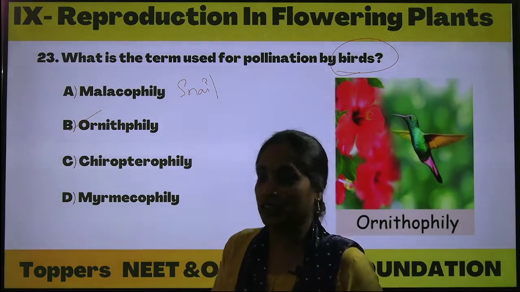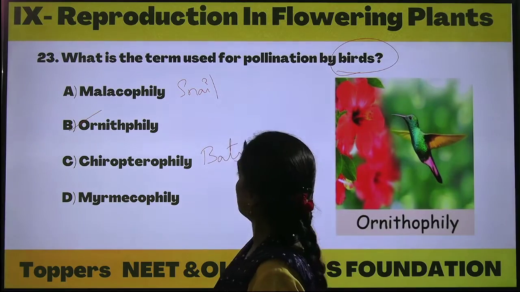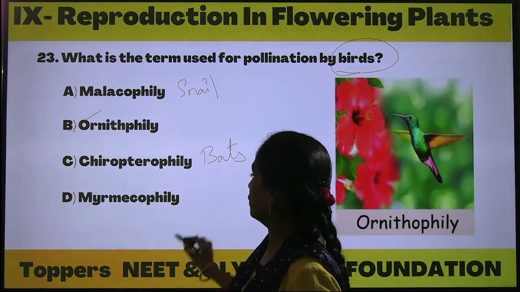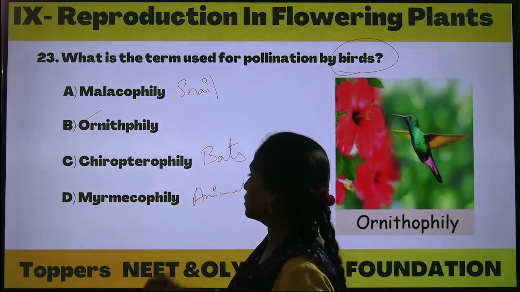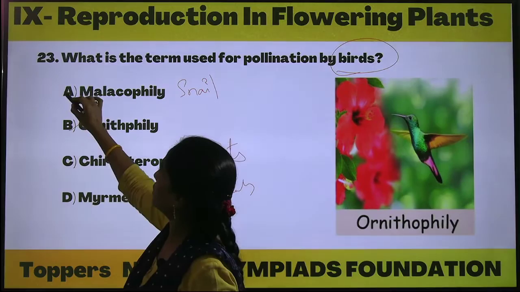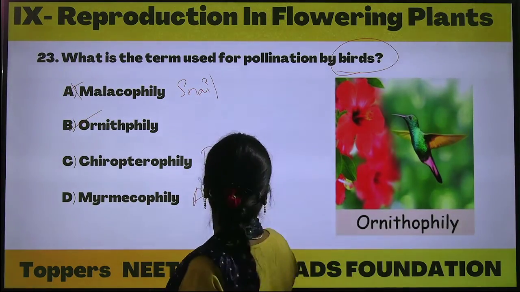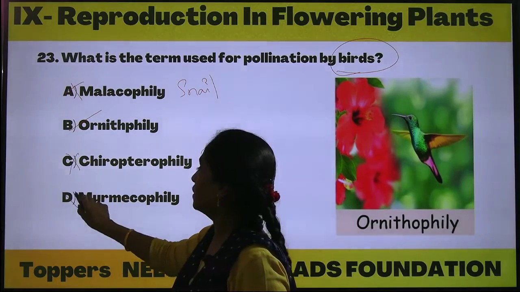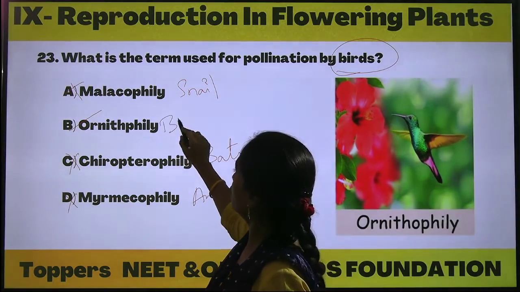Chiropterophily we have discussed already, it is done by the bats. And what is myrmecophily? By the animals. So what is the correct option? Ornithophily is the correct option, option A. C and D are the wrong options. Pollination by the birds is ornithophily.